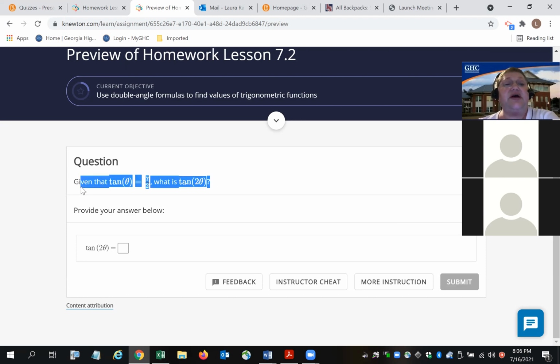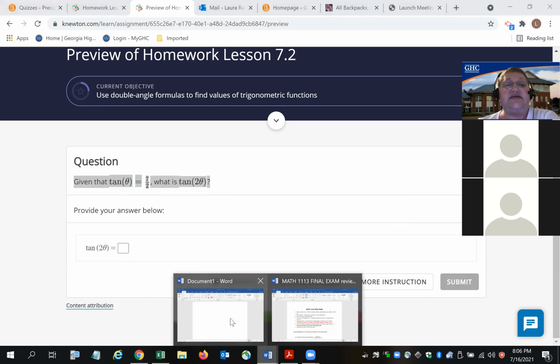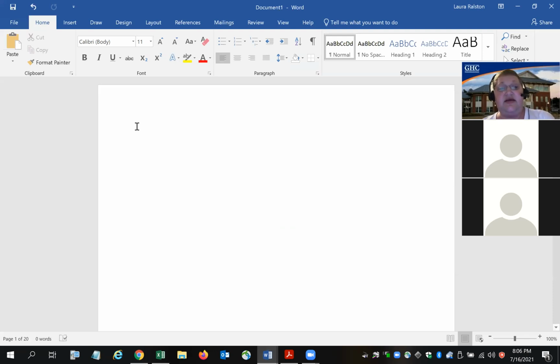All right. So this question just is one that's in Newton. It came up, and it says, given that the tangent is 7/2, what is the tangent of 2 theta?